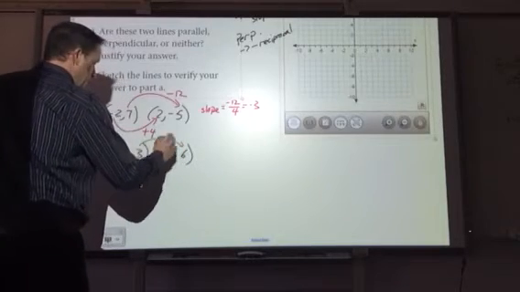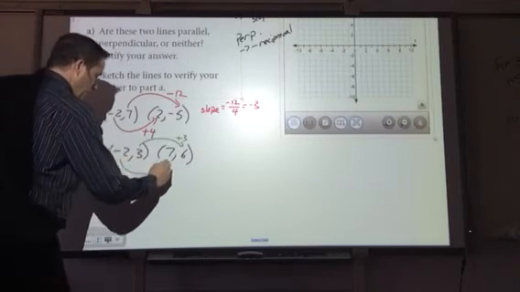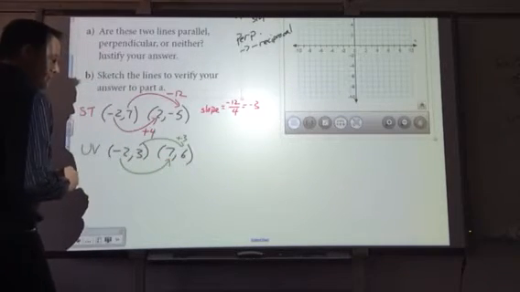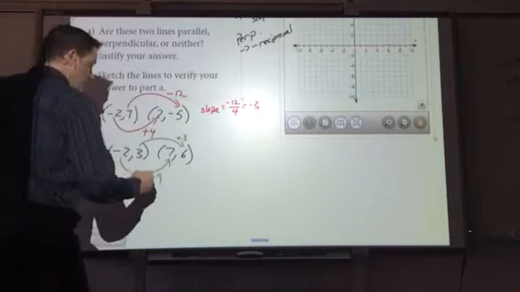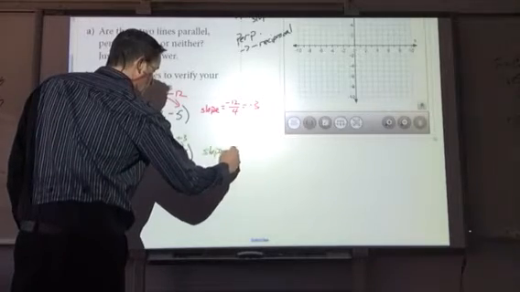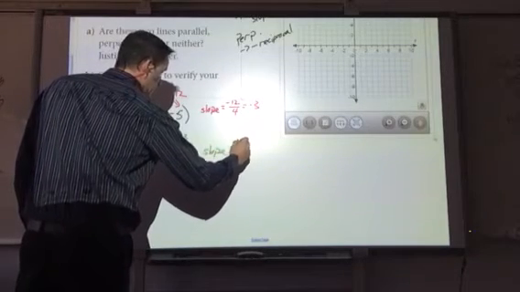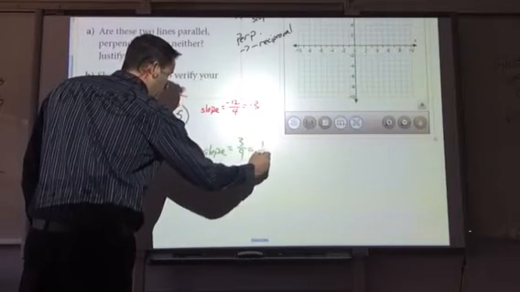We're going from 3 to 6, which is +3. And we're going from -2 to +7, so that's +9. So the slope in this case is equal to 3 over 9, which simplifies to 1/3.